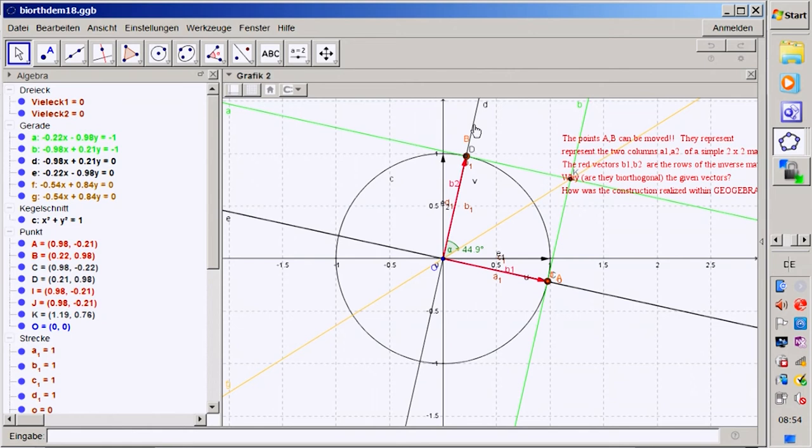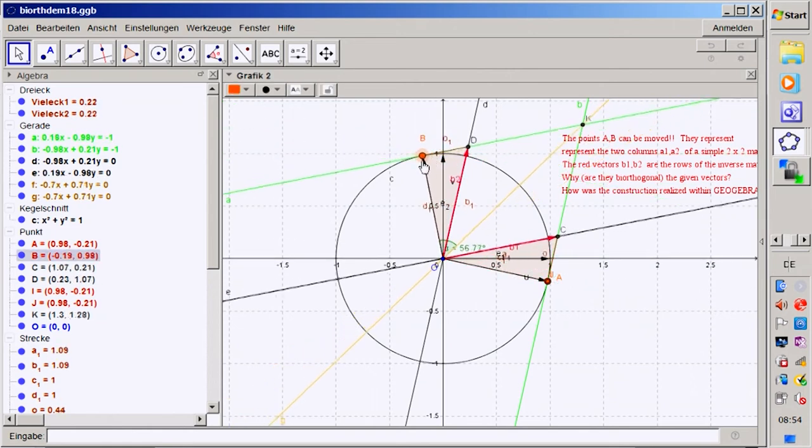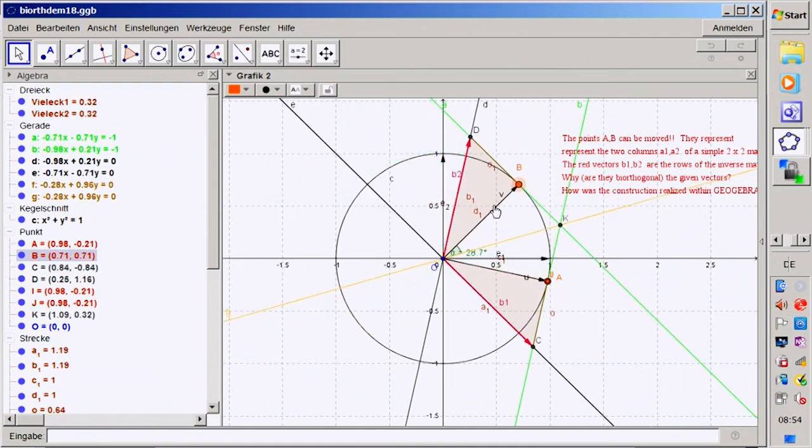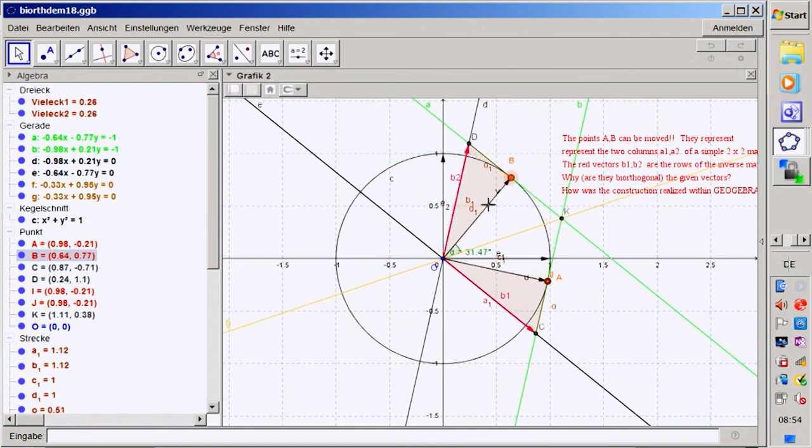And then the other thing is, what is this construction? I was first illustrating it, then I was making an observation, and this one was really done based on the observation and interpretation. How can I construct, let's say, the red vector B2? This is the first vector, the second vector, and B2 is the biorthogonal element to the second vector, which is U1, this vector.